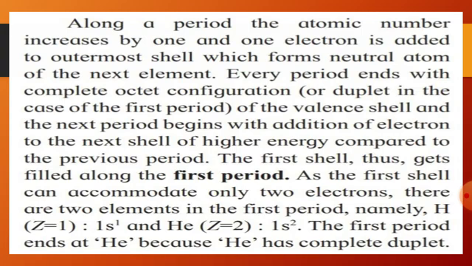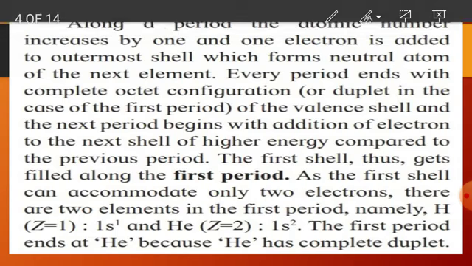While moving towards the second period, the last element is neon. Its atomic number is 10. Write down its electronic configuration: 1s2, 2s2, 2p6. Yes or no? 2p6.